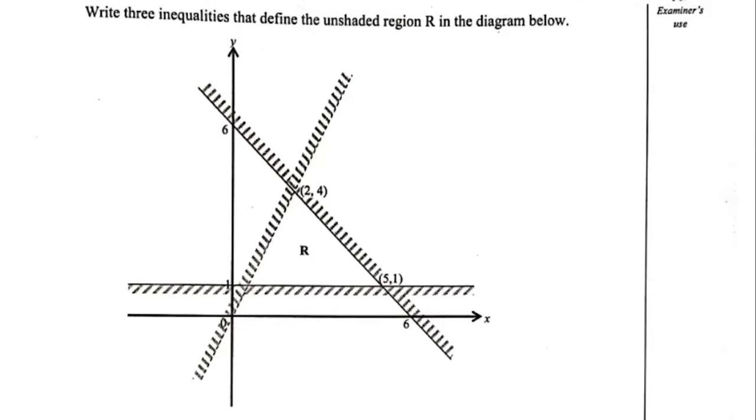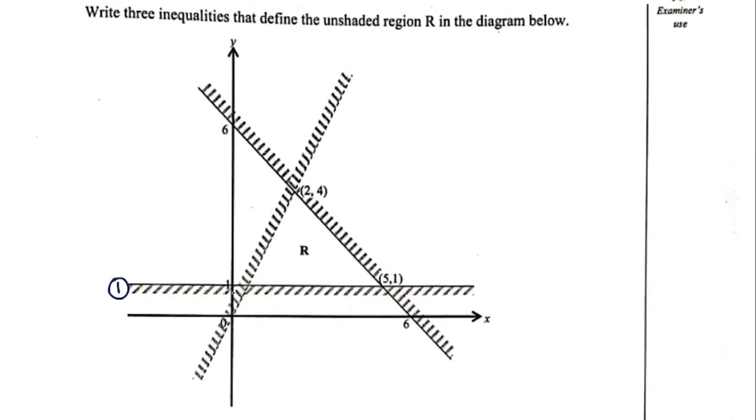Three inequalities that define the unshaded region area in the diagram below. So the first inequality here that we can pick is this one, which is cutting the y-axis at 1.